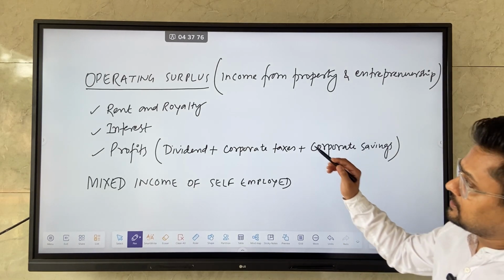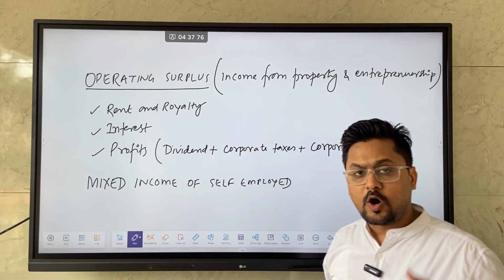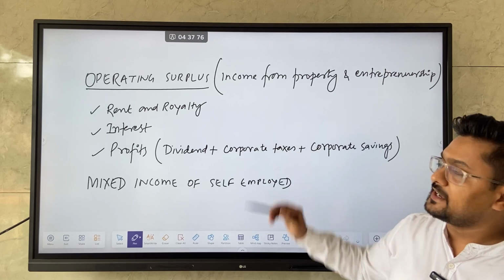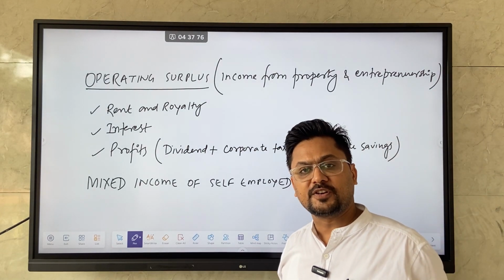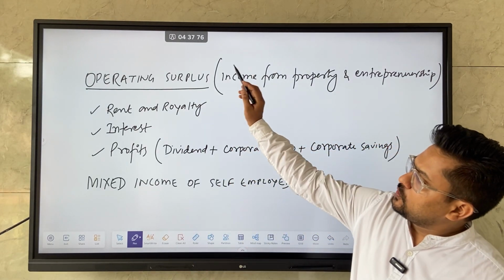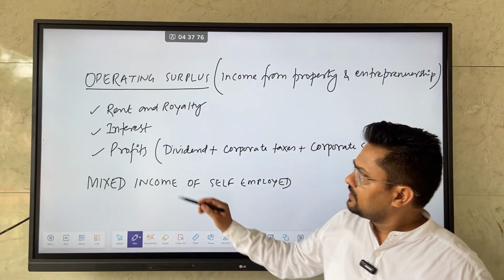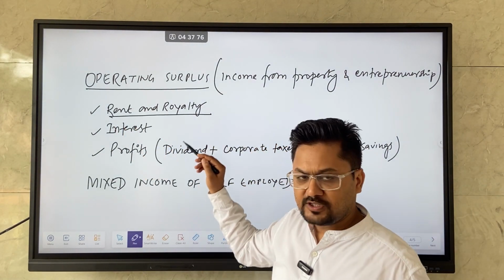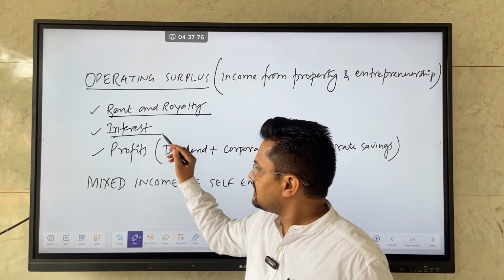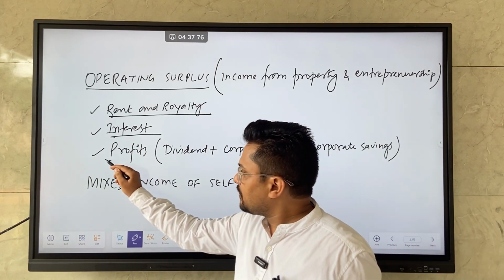The next component is operating surplus. Operating surplus is also known as income from property and entrepreneurship, right? Under operating surplus, we have income in the form of rent and royalty for fixed assets, interest on capital, and profit.